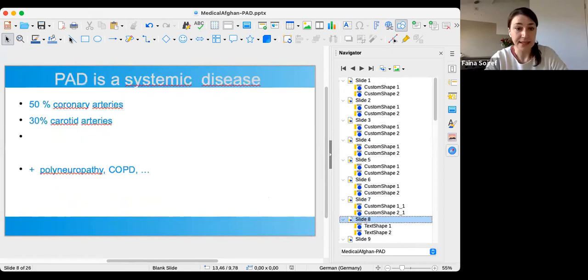On top of that, you need to be aware that disease of the peripheral arteries rarely comes alone. If you have somebody who has bad blood flow in their legs, there's a 50% chance that their heart is affected as well, and a 30% chance that they are at risk of a stroke as well.